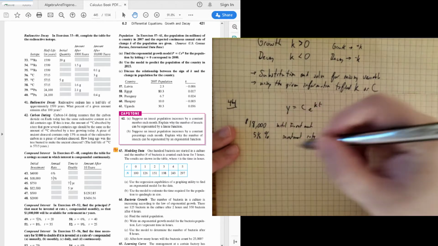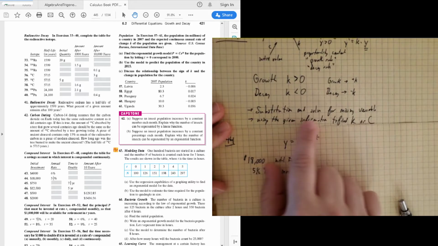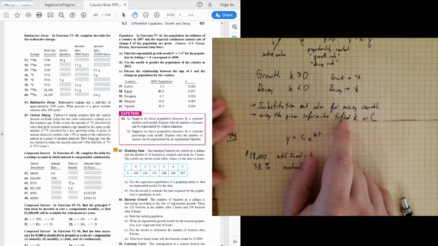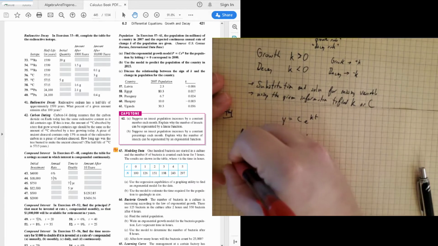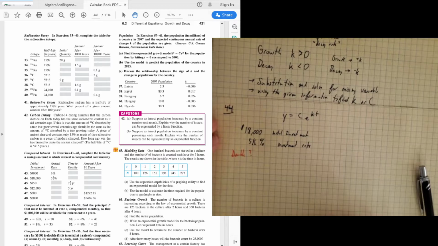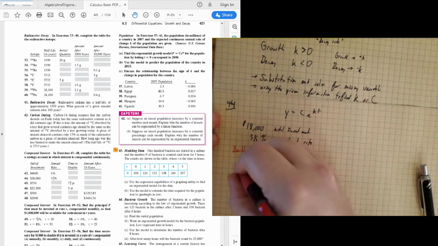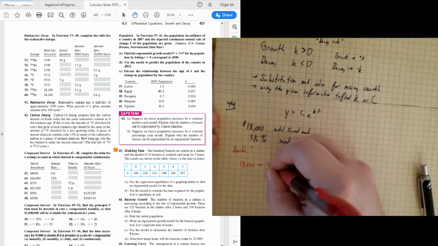How long will it take for the investment to double? And so this is another way that they can give you some information that is not necessarily what you're expecting. So the statement is, when will this investment double? What that means is, when will my 18,000 become 36,000?